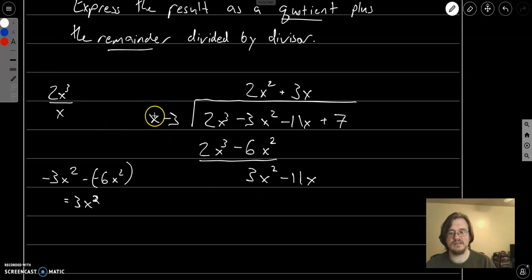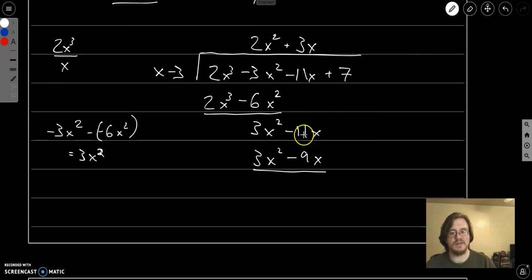So 3x times x is 3x squared. 3x times negative 3 is going to be negative 9x. And again, here I'm going to have negative 11x minus a negative 9x. So I'm subtracting a negative, which is the same thing as adding. So I'm going to get negative 2x. Bring down the last term.